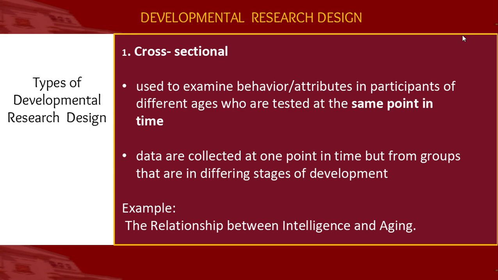Okay, so if ever the hypothesis proves that intelligence declines as people get older, would it be a valid result? No. At some point maybe, but one of the limitations here is it may not be valid, because it is evident in our community, especially in the universities, that older people, especially those professors, tend to have sharp minds. So this is one of the limitations, it may not be valid because the researcher did not follow those certain individuals as they age, from 20, 50, 80, ano yung mga experiences nila as they age.